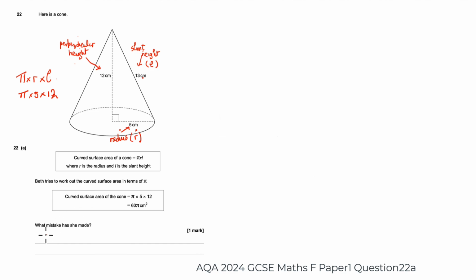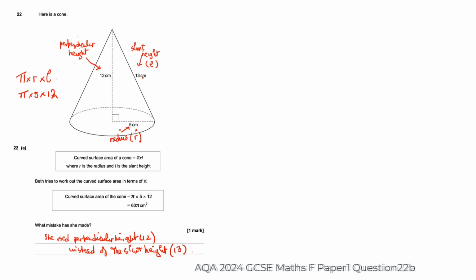So we'd have to say that she used the perpendicular height, and that's 12, instead of the slant height of 13. So she did make a mistake.